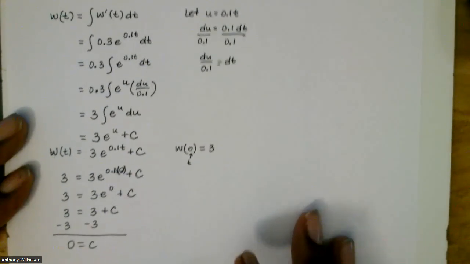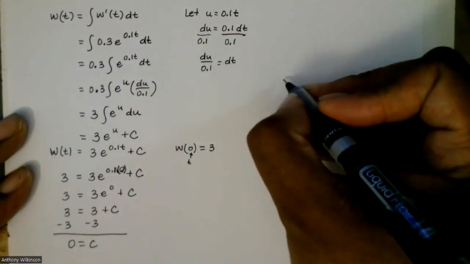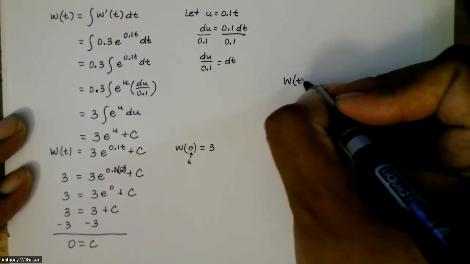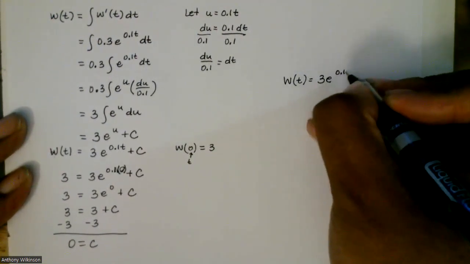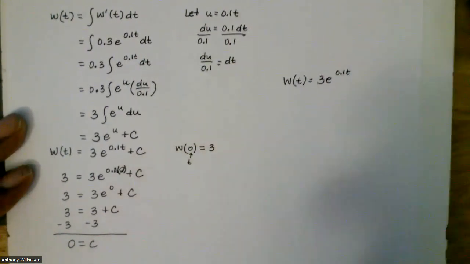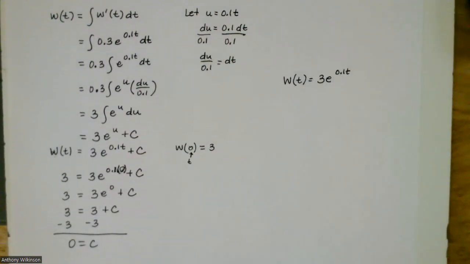So in this case, and I'll write this up to the side, W of t would be equal to 3 e to the 0.1t plus 0, but we don't need to write the plus 0 there. So after t hours, W of t will be equal to 3 e to the 0.1t.